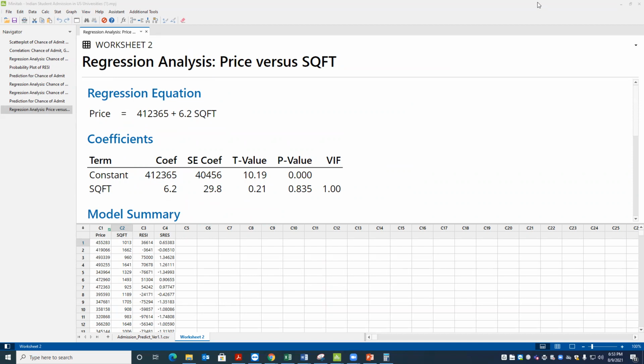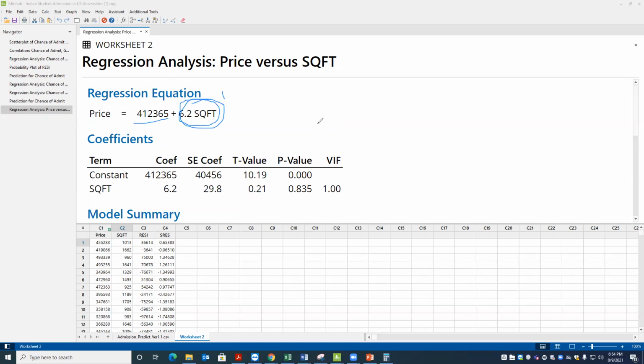Because we have not done this, if you do it yourself, you will get to know more. What is your interpretation? This does not matter; square feet is useless. The prices are about this in the South Hill area.